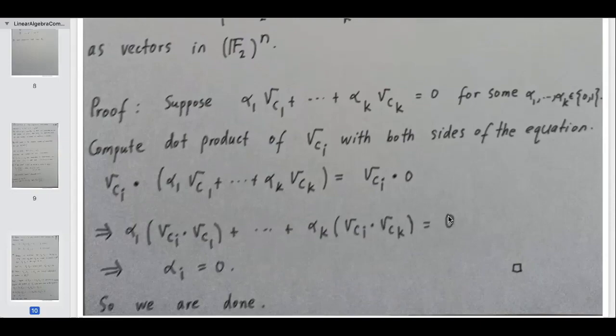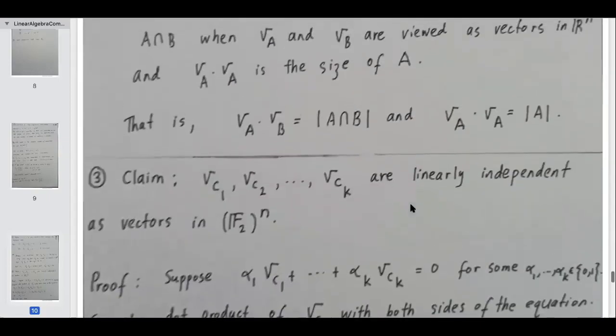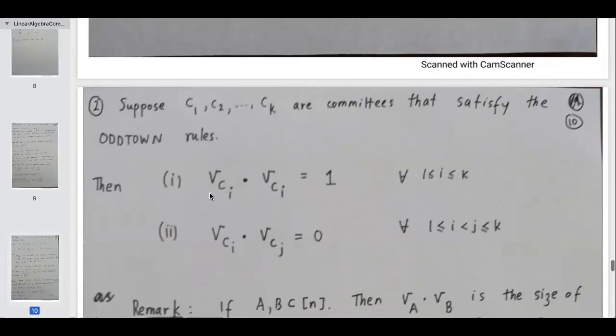We've done this for a particular i, but now we use the two properties here: vCi dot vCi is 1, and vCi dot vCj is equal to 0 when i is not equal to j.